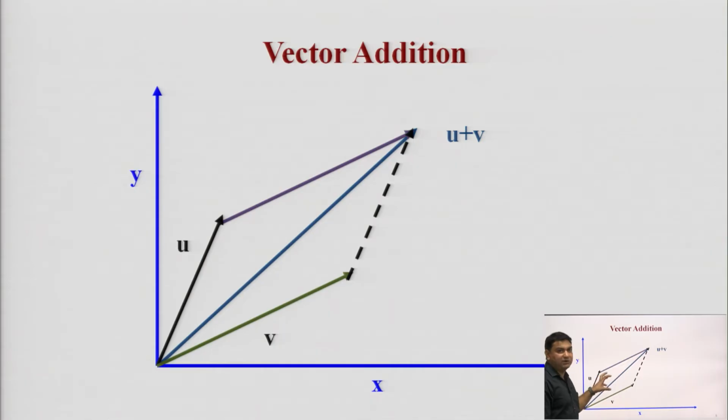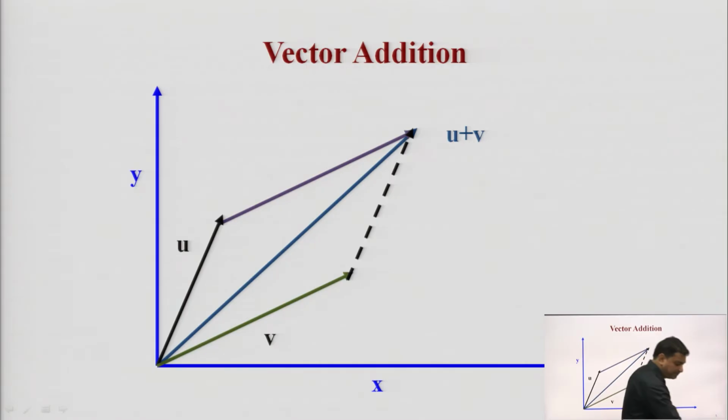This figure is drawn only to make you understand vector addition very easily. So, this is u, this is v, and this is the addition of u and v in the form of u plus v.